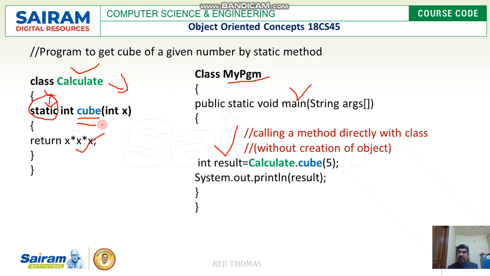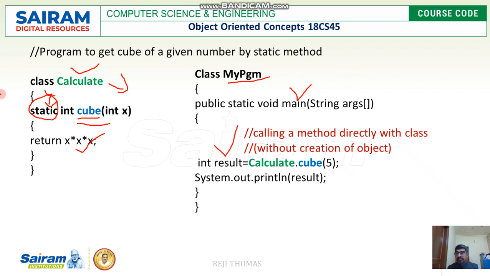So I'm talking about this method, and how did I access this method in my class without creating an object? Calling a method directly with the class without creating an object. How is this possible? This is possible only because the method called cube is a static method. Otherwise, it will never work.